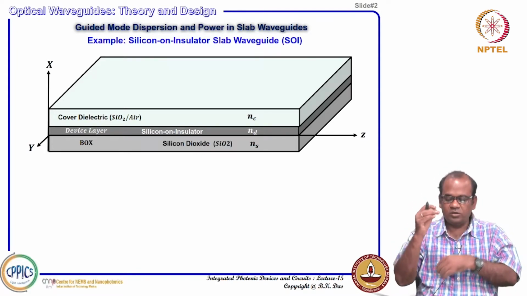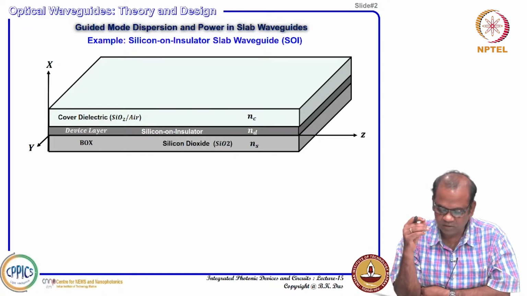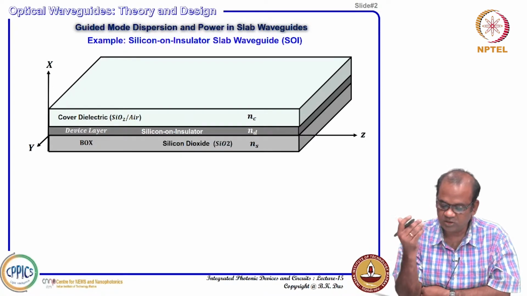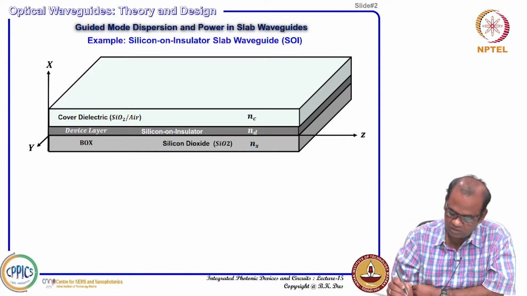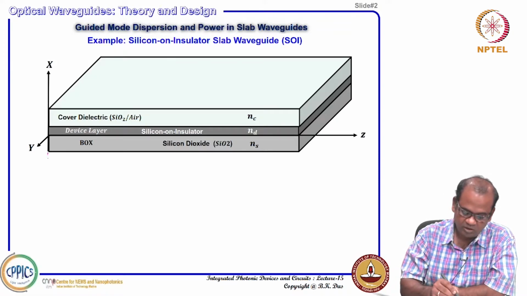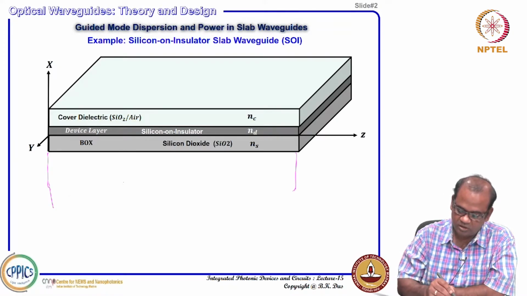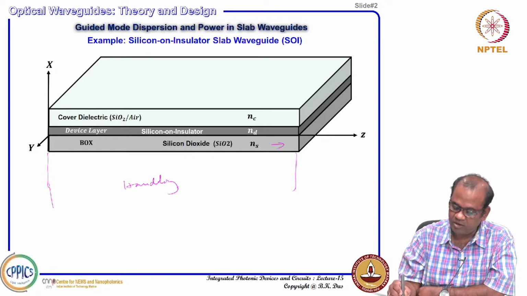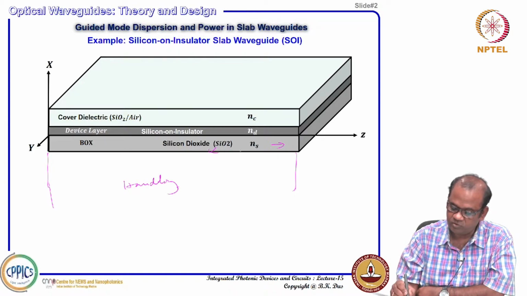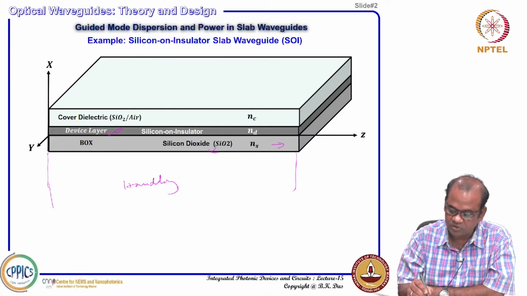For that purpose we go back to the basics again, the device structure, the silicon on insulator wafer structure. It is a 3-layer medium. In the bottom there will be the substrate, silicon or handling wafer, and then the buried oxide, silicon dioxide, which we consider n_S, and then your actual device layer, which is called silicon on insulator, refractive index n_D, and the cover dielectric can also be silicon dioxide or air.